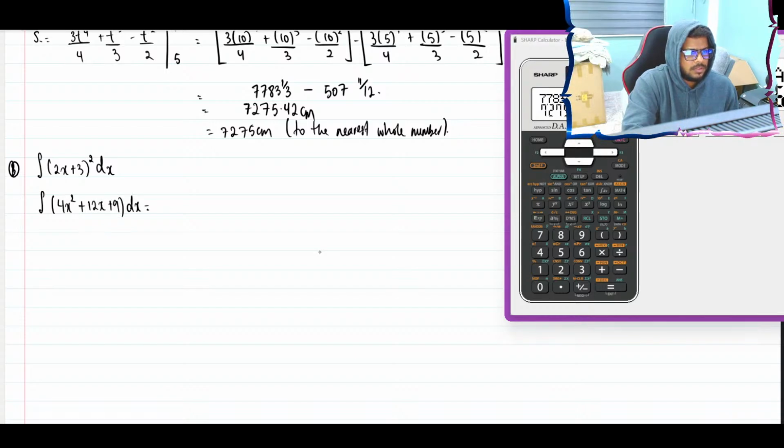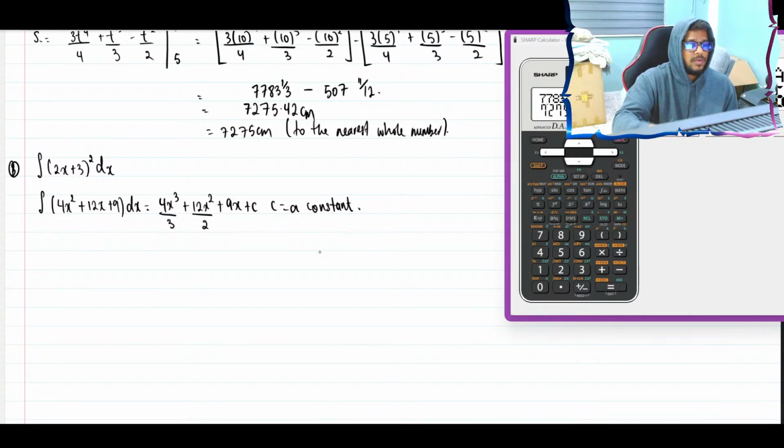And we get 4x cubed over 3 plus 12x squared over 2 plus 9x plus c, where c is a constant. You can leave it like that. If you want to simplify the 12 over 2 and put it as 6, you could go ahead.